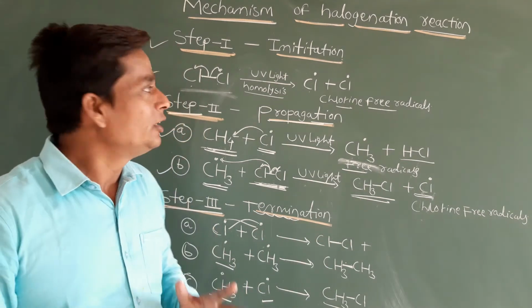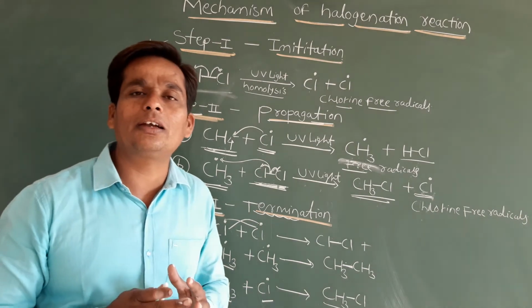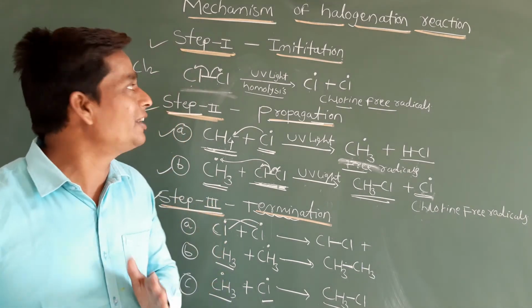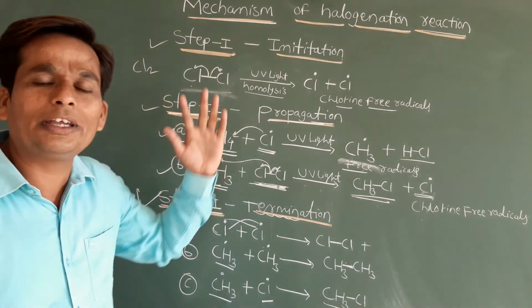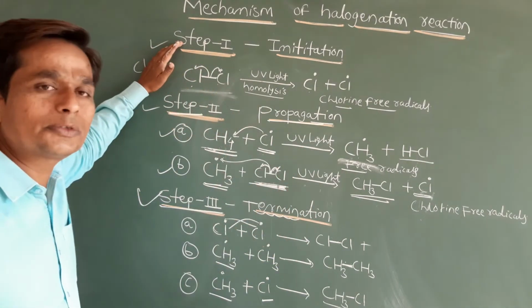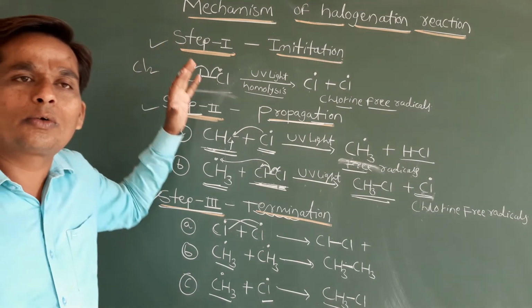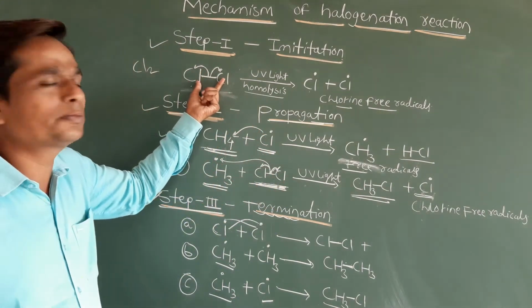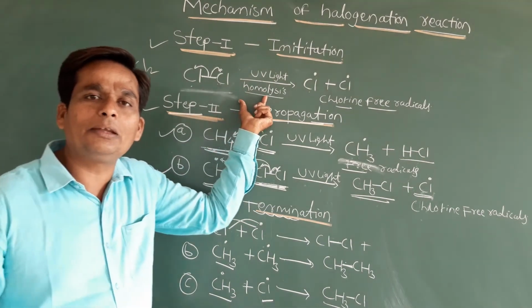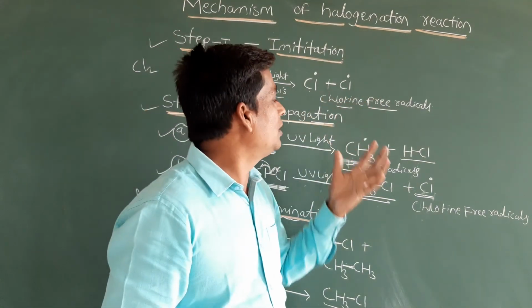Now clear, students, this is the mechanism of the halogenation reaction. All of you understand the mechanism, and you know all three steps. Once again I revise. First is the initiation step. In the initiation step, the chlorine molecule used in halogenation is exposed to sunlight, undergoes homolytic cleavage and forms chlorine free radicals.